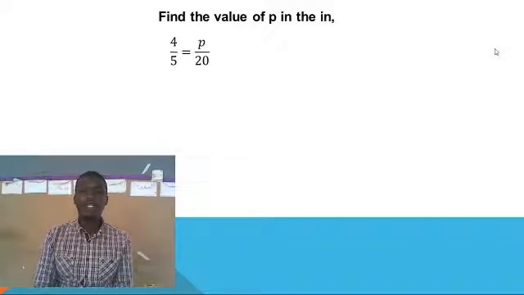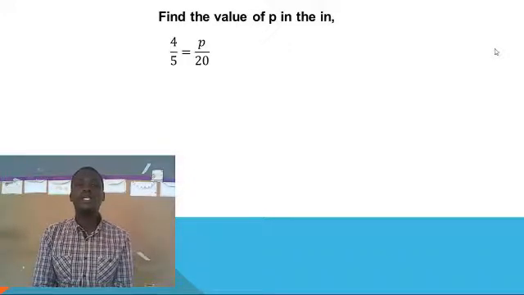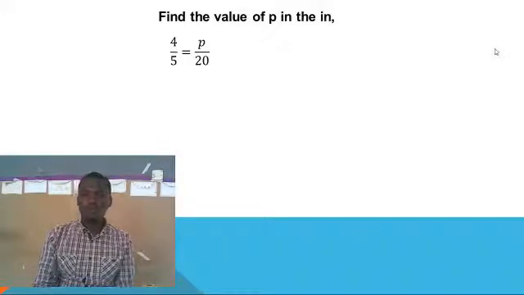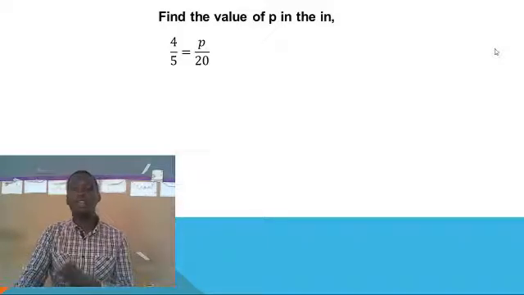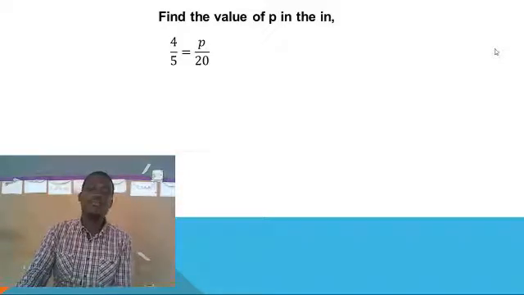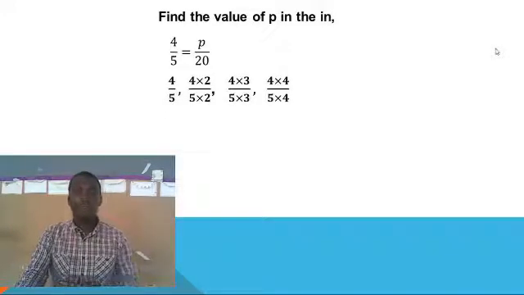What is that equivalent fraction? What is that fraction equivalent to 4 out of 5, which is the same as P out of 20? So we are looking for the value of P. We need to find the other equivalent fractions until we reach our answer. We shall say 4 out of 5. You follow the other procedure.